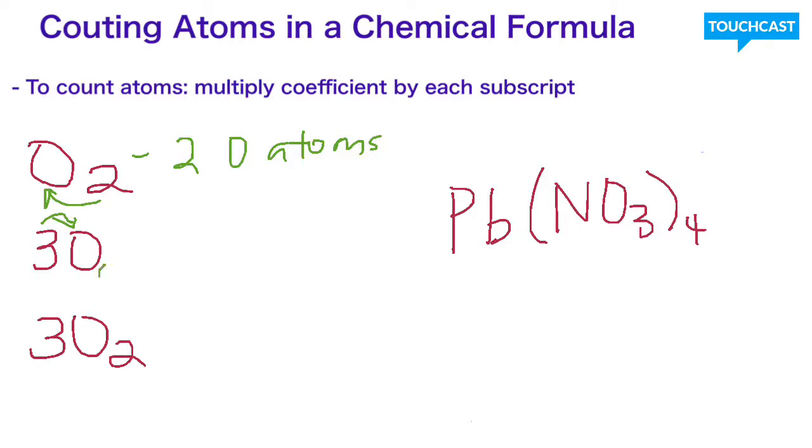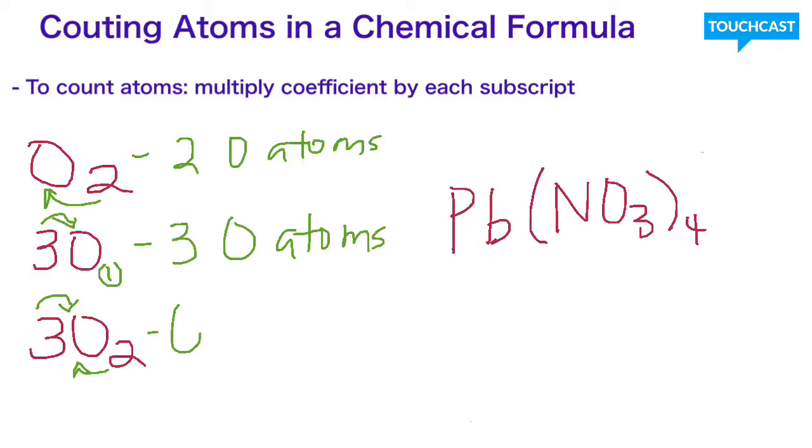Remember, if I don't have a subscript, I assume that there is a 1 there. So I have 3 oxygen atoms. When we put those together, we multiply. So I have 2 oxygen atoms, but I have 3 sets of that, so I do 3 times 2, and I get 6 oxygen atoms.